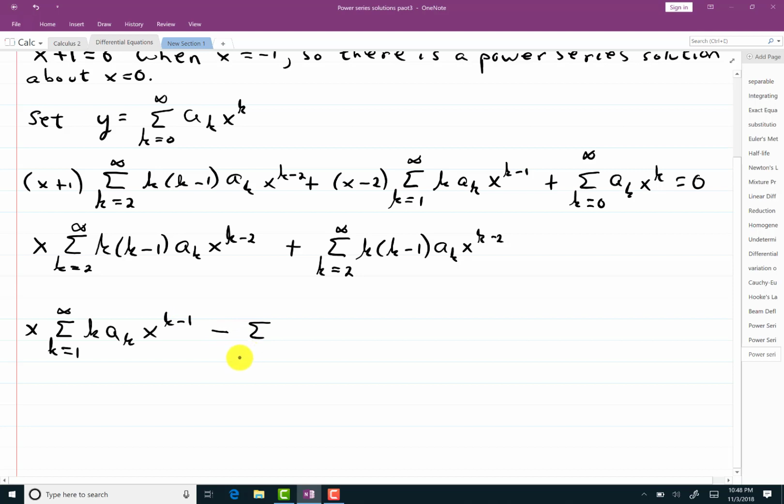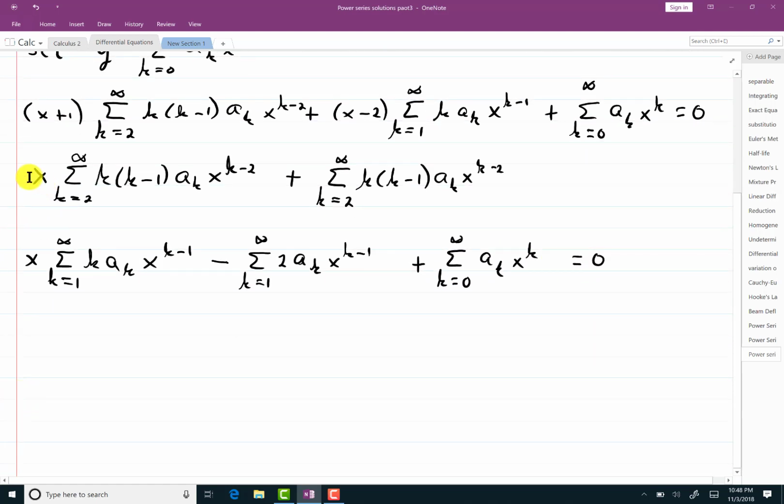I'll suck the 2 inside. So I have 2 a sub k x to the k minus 1. And then finally just the plain series itself. And that will equal 0.